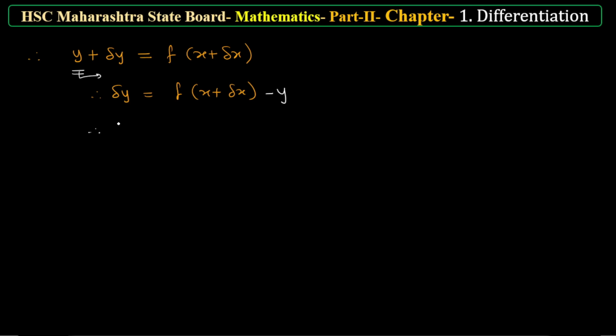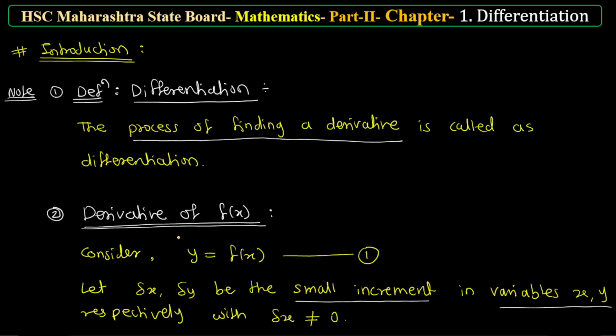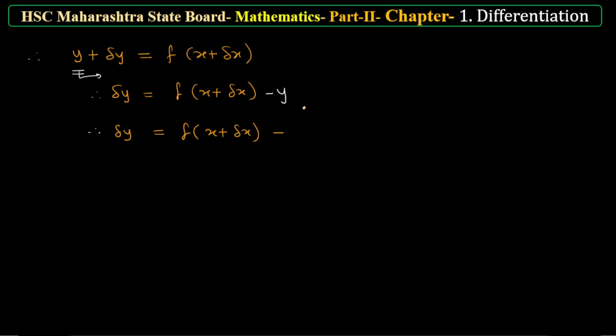Therefore, delta y is equal to f of x plus delta x minus y. From equation number 1, y is equal to f of x. Putting this value, delta y is equal to f of x plus delta x minus f of x. This is the value of delta y in terms of x.